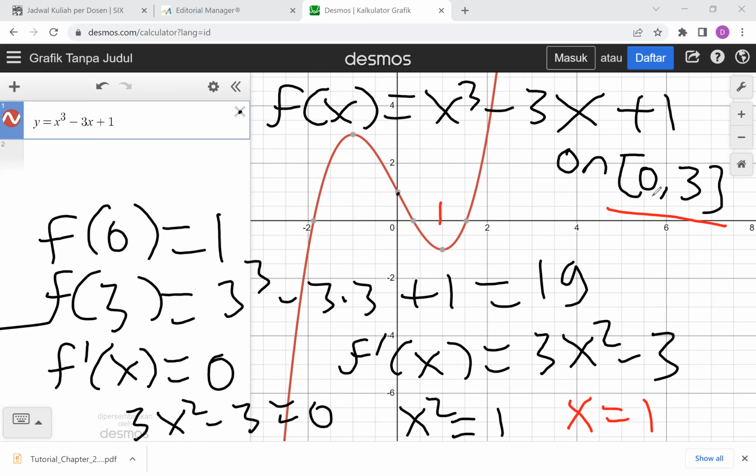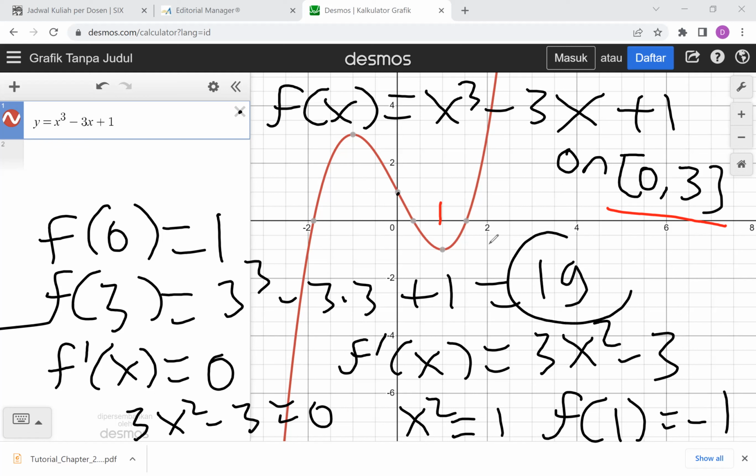So in this case, we just calculate f(1). 1 minus 3 plus 1 is minus 1. So we have f(0) equals 1, f(3) equals 19, and f(1) equals minus 1. What is the maximum value?